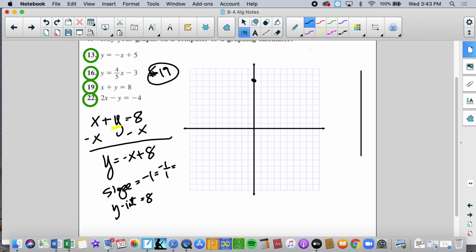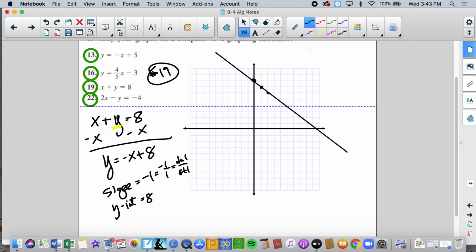So -1 as a fraction is -1 over 1. That means down 1, right 1, down 1, right 1. Oh, that was almost perfect. Good, there's my graph. I'm going to put my arrows. I'm going to notate my coordinates, (0, 8), (1, 7), and (2, 6).